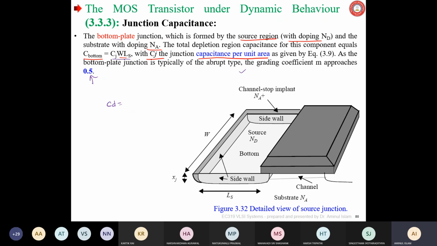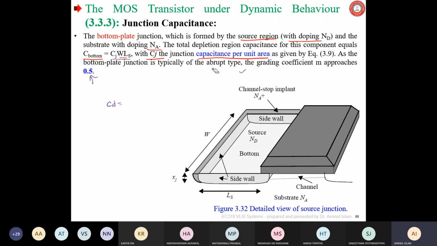Like the gate oxide capacitance Cox, which is expressed as capacitance per area, we have to multiply it by the area WL to get the actual capacitance. Same thing here also.